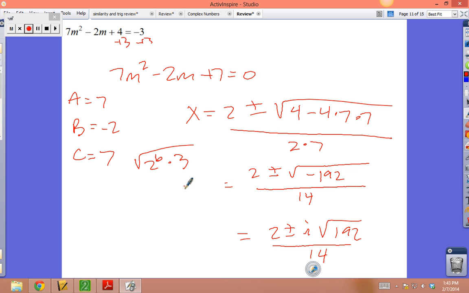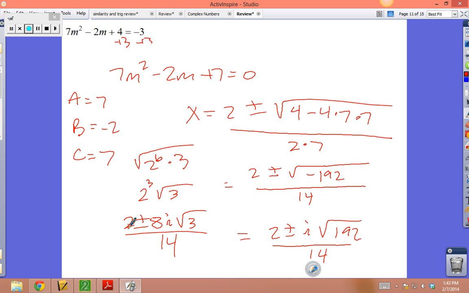So how many 2's come out? 3 2's come out, so it should be 2 cubed times 3 stays in. 2 cubed is 8, so we got 2 plus or minus 8i. On the inside you just have 3, underneath you got 14.